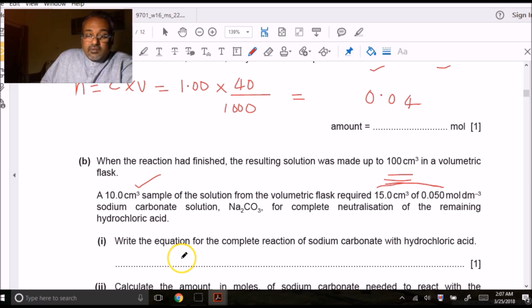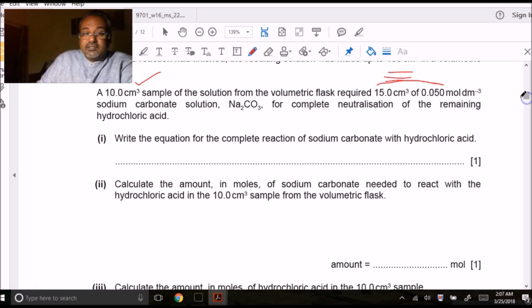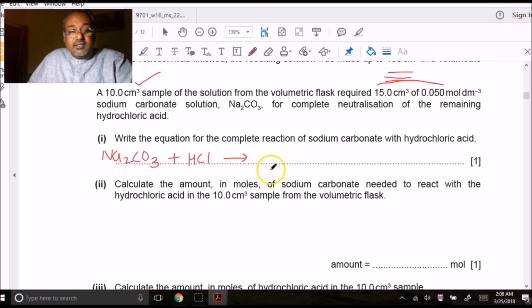Now the first question asks us to write the reaction between sodium carbonate and the acid. This is a simple reaction which you might have studied at IGCSE level. Sodium carbonate, Na2CO3, reacts with acid. You remember acid reacts with carbonate to form salt plus water plus carbon dioxide.